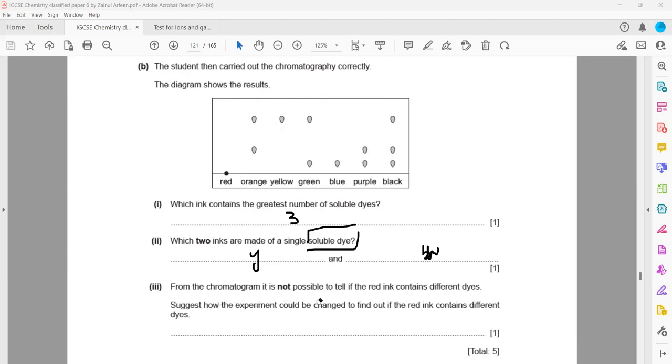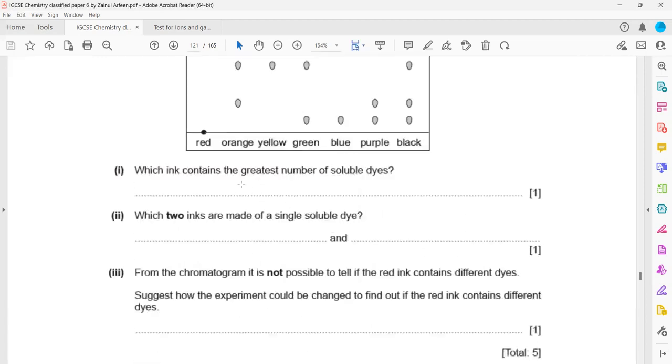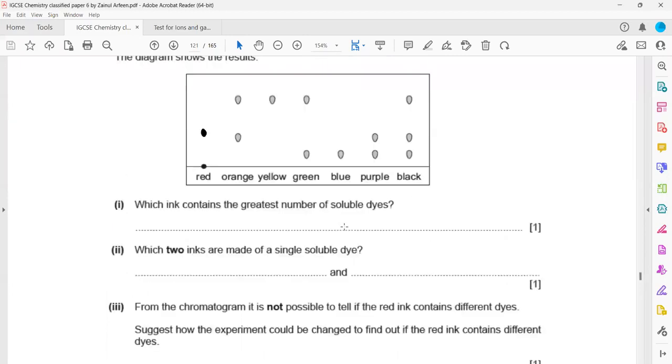From a chromatogram, it is not possible to tell if the red ink contained different dyes. How should the experiment be changed? Use a different solvent. Actually, the idea is that the red ink does not even rise with the solvent.